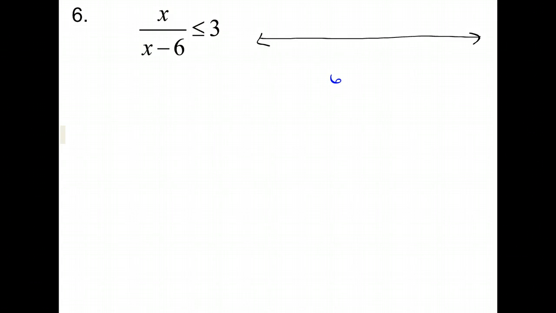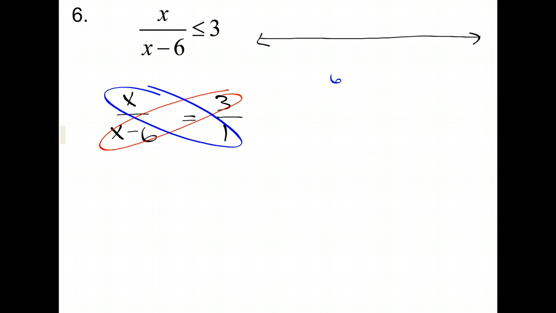Okay. The other boundary you get when you solve this like it was an equation. So I pretend it was an equation, and I solve away. This is where you can do your precious heart method, right? Or cross products. So your cross products end up being x equal to 3 times x minus 6.